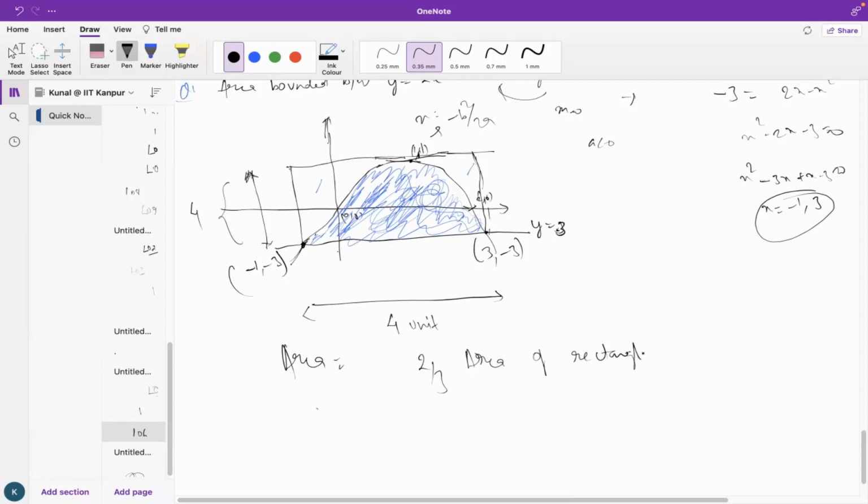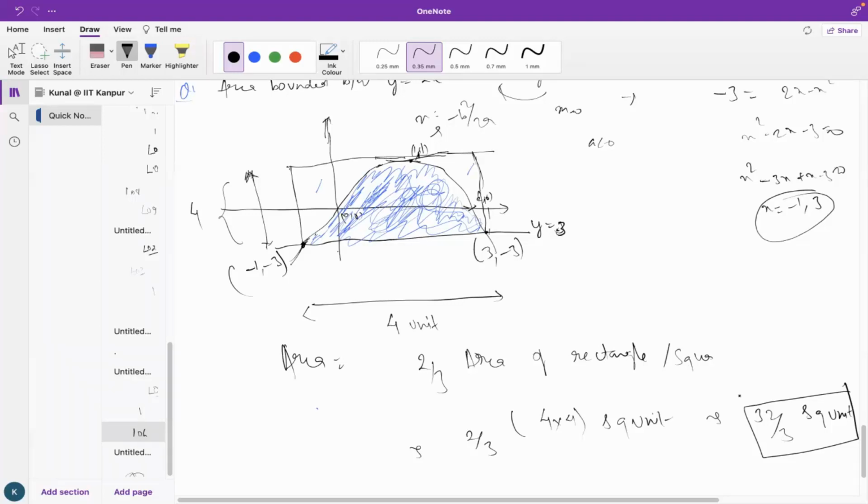The area of the rectangle is actually, it's not a rectangle, it is a square, because both length and width are the same now. So we will get 4 into 4, 16 square units. So 32/3 square units is our area, and I hope you all understand what I'm trying to say, right?